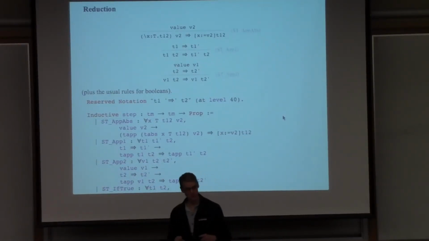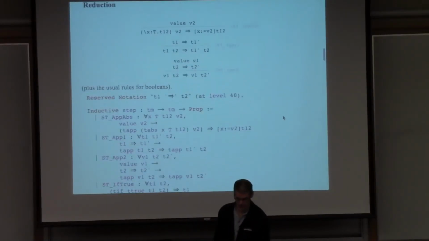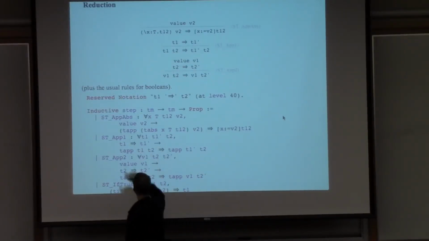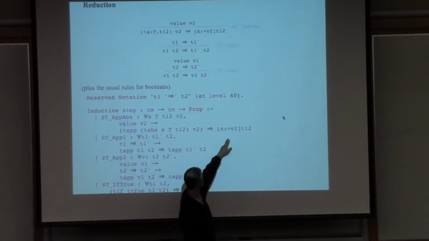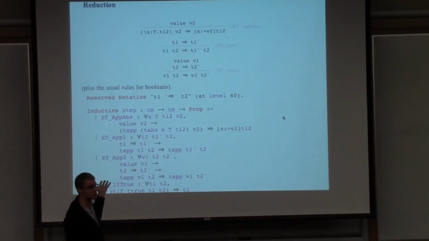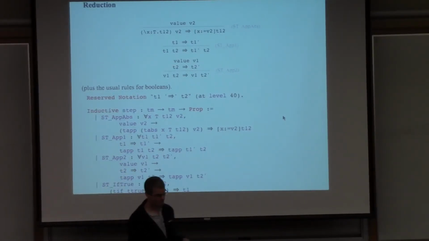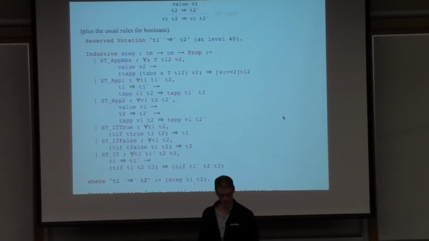Now, on top of substitution, we can define reduction. So in the STABS rule, which is the beta rule, we're using the substitution operator. Aside from that, this is just standard Coq notation for a standard call by value reduction relation.